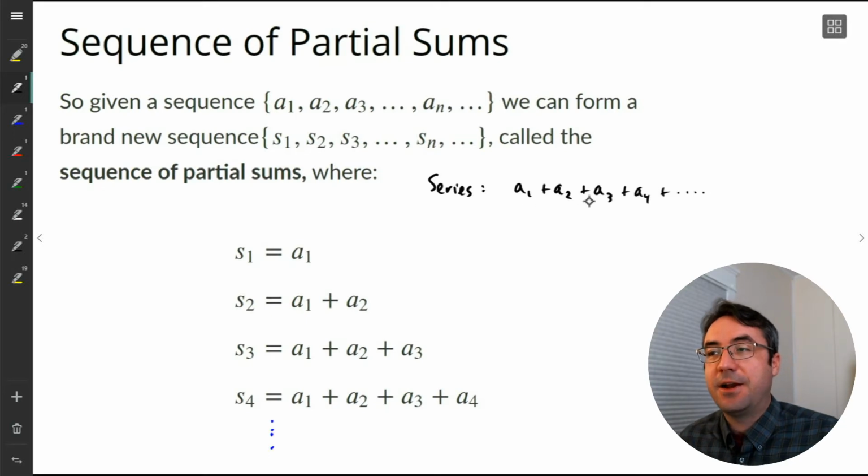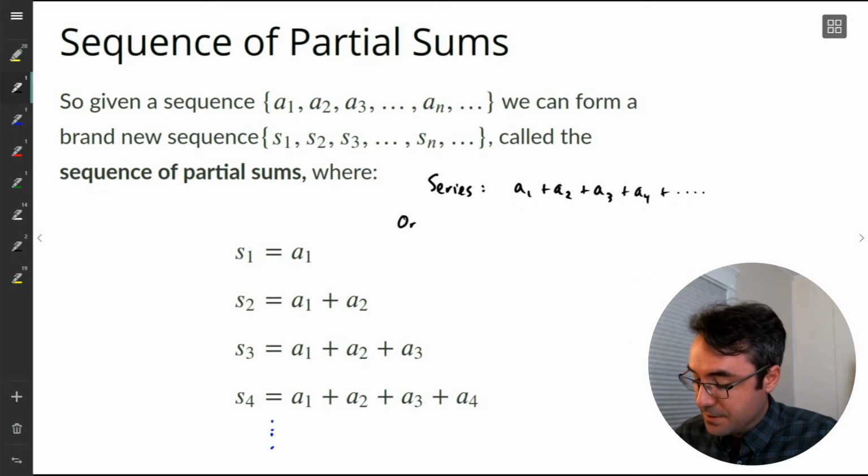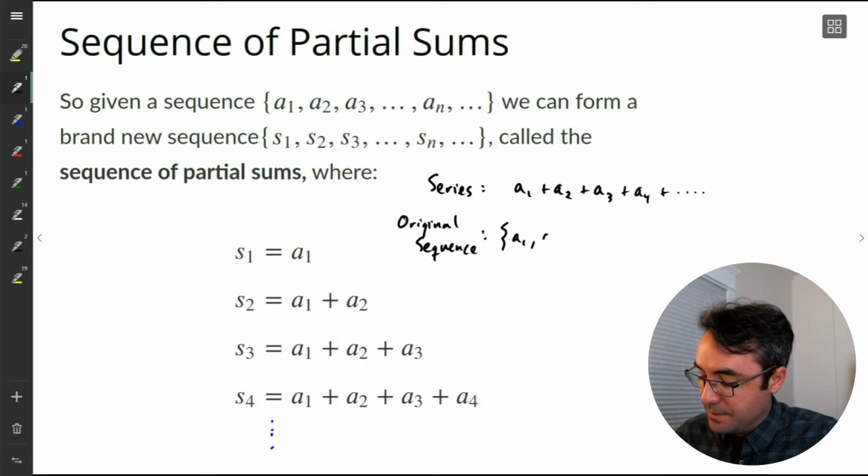So we're trying to add all the terms together in our original sequence. Then there's our actual original sequence. This is just the list. So it's a1, comma a2, comma a3, and so on. Do a4 as well.